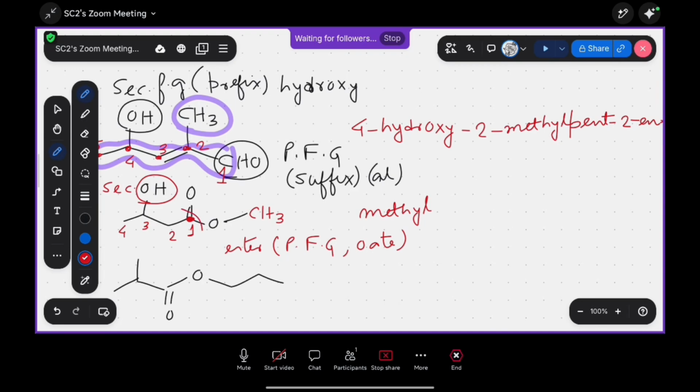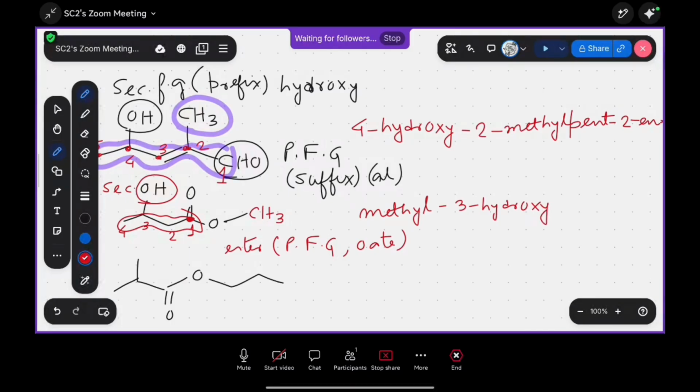This is the parent chain. You need to include the carbon atom of the ester functional group. So what does it become? Methyl. Then, following the format, the side chain is 3 hydroxy: methyl, 3 hydroxy.